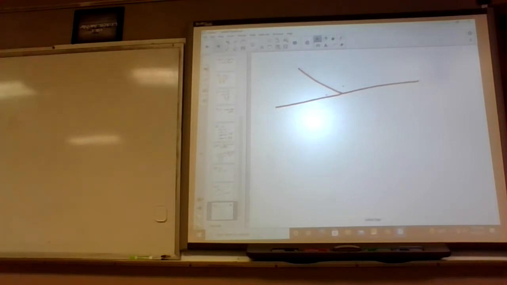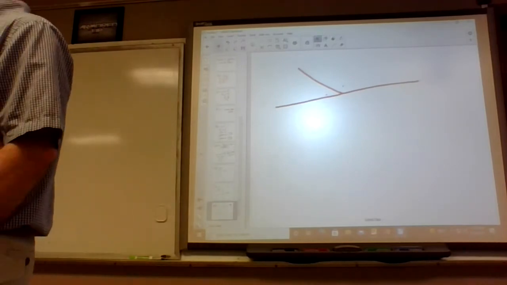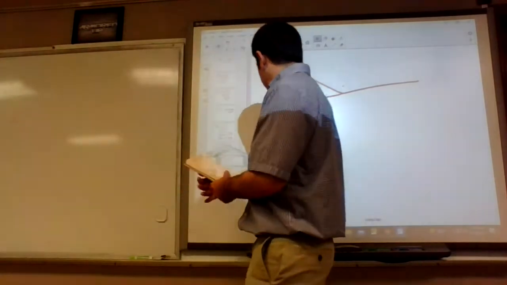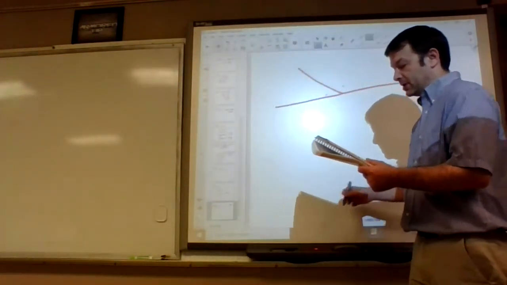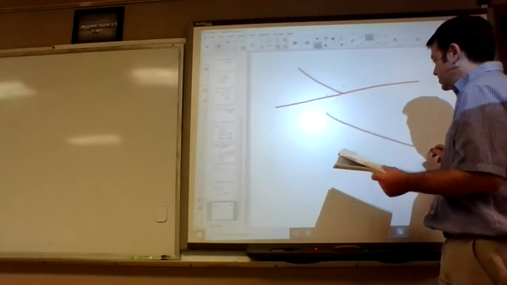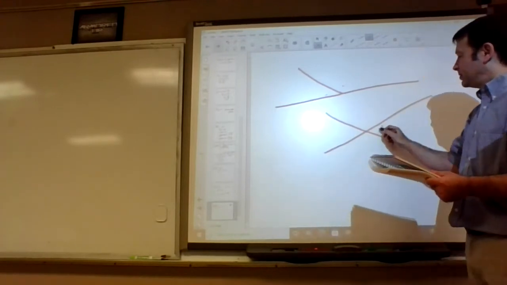Do you guys see the vertical angle? What's the vertical angle for FGE? You guys see BGC? There's a 50-degree angle over here.